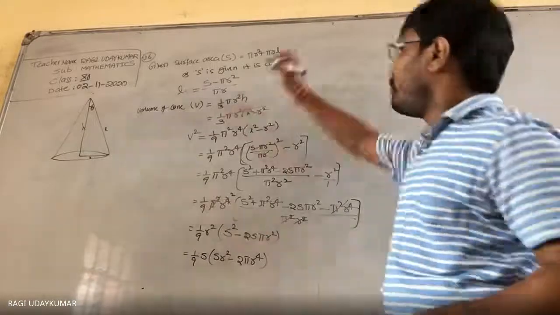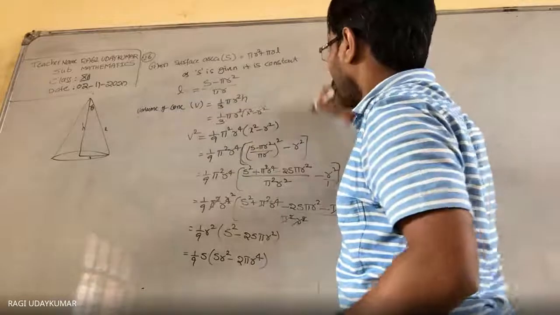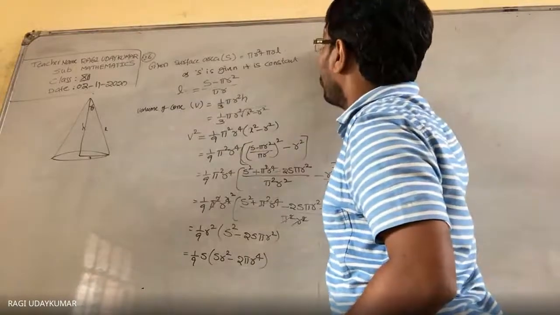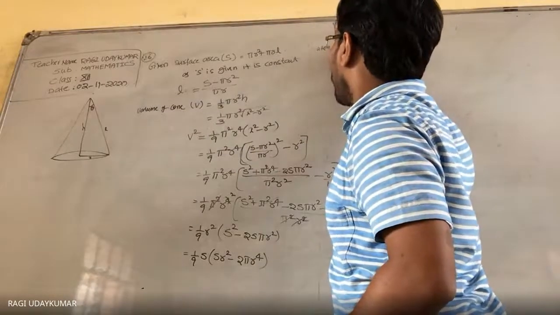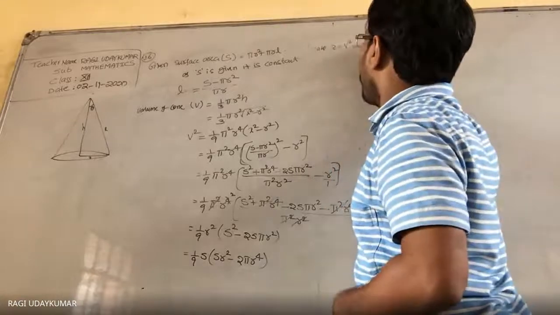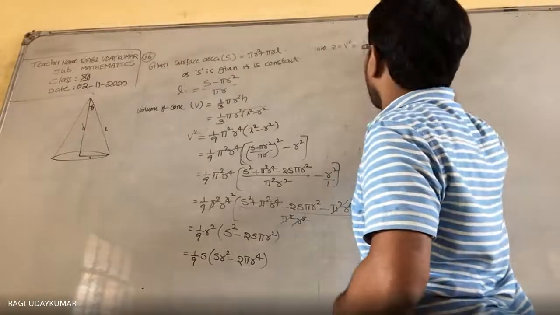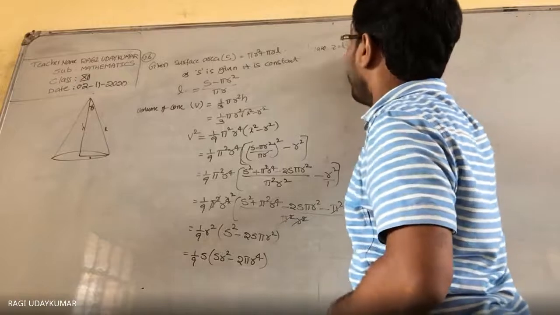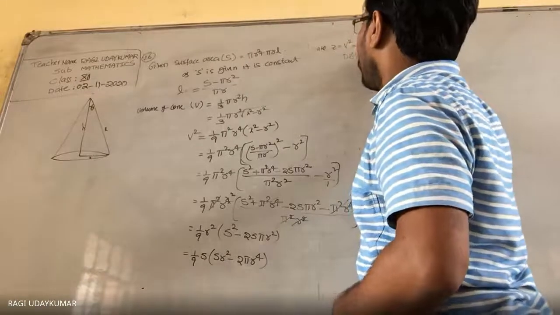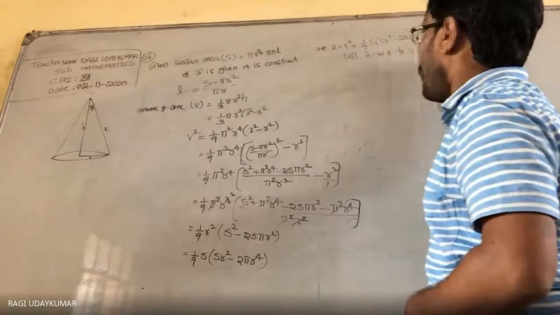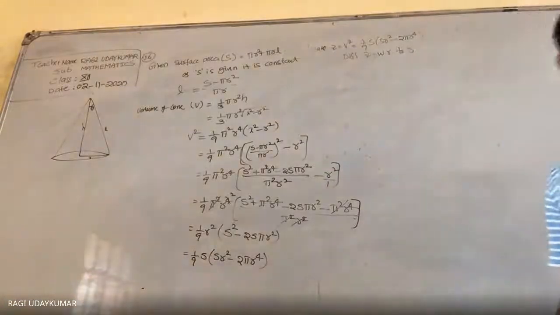So now you have to consider that Z is equal to V square, which is equal to 1/9 times s r square minus 2 pi r power 4. Differentiating Z with respect to r, once not twice करना.